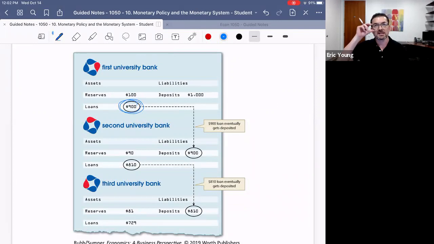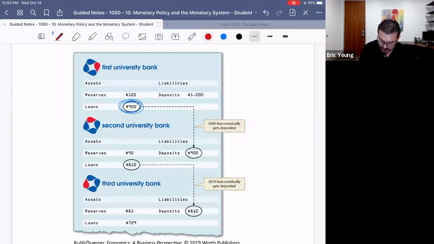Maybe that person is a consumer who wants to buy a car or take out a mortgage or do something else. Maybe that loan is to a business owner who wants to buy some raw materials or build a factory. It can be consumption spending or investment spending, but the key is the bank had excess reserves and it made a loan.